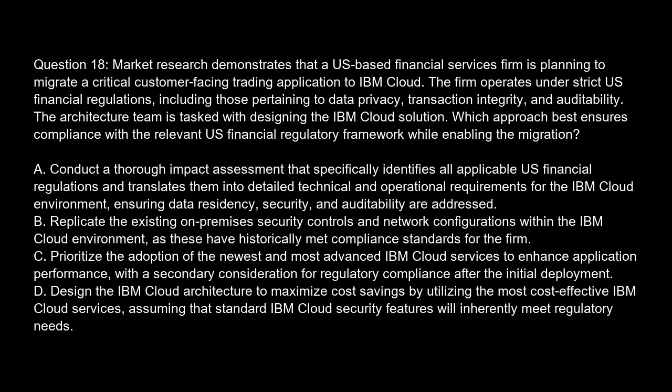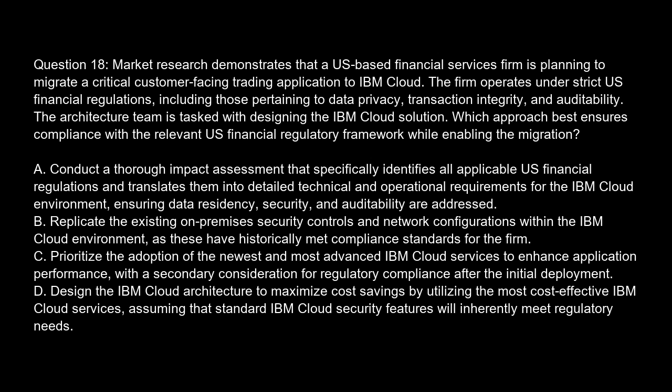Option A. Conduct a thorough impact assessment that specifically identifies all applicable U.S. financial regulations and translates them into detailed technical and operational requirements for the IBM Cloud environment, ensuring data residency, security, and auditability are addressed. Option B. Replicate the existing on-premises security controls and network configurations within the IBM Cloud environment, as these have historically met compliance standards for the firm.